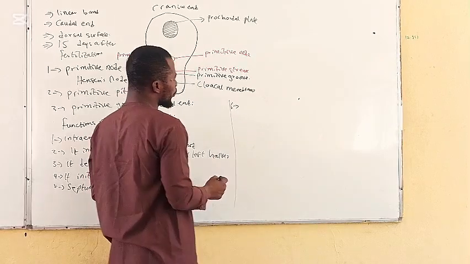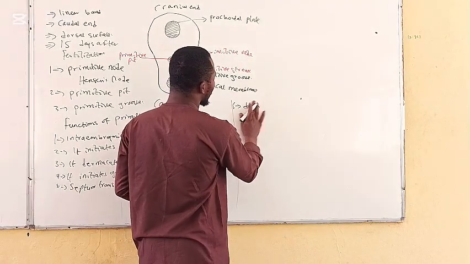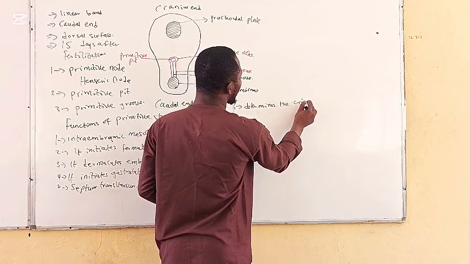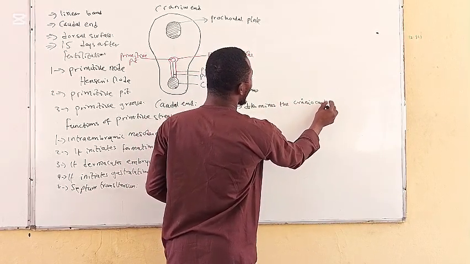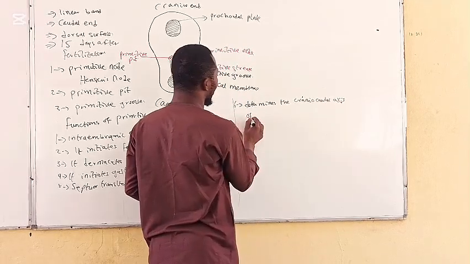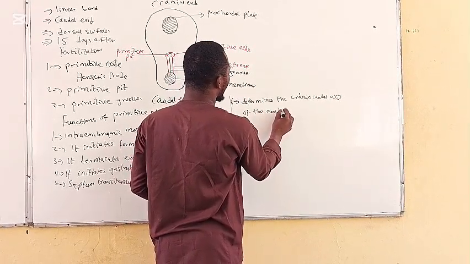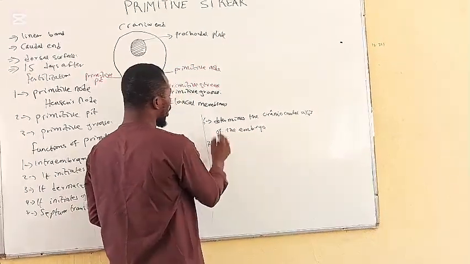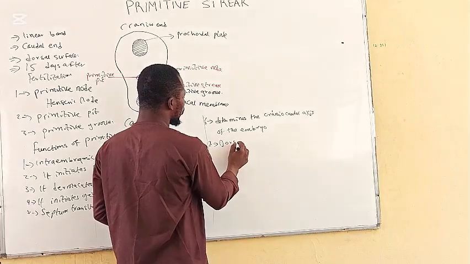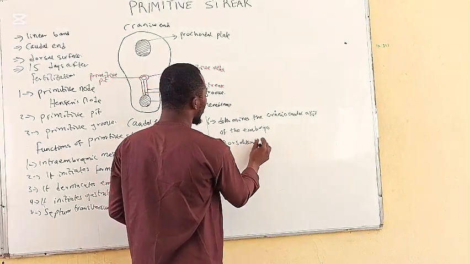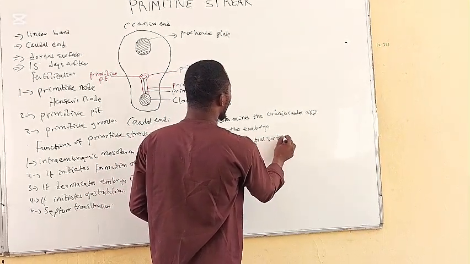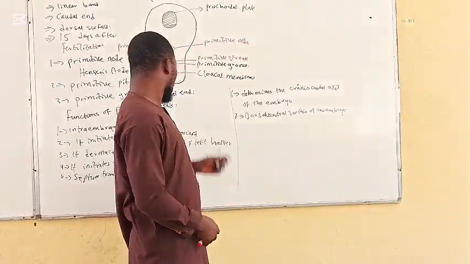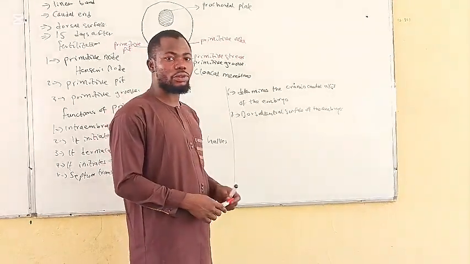Six, the appearance of the primitive streak determines the craniocaudal axis of the embryo. Seven, it also helps to determine the dorsoventral surface of the embryo. So those are the functions of the primitive streak.